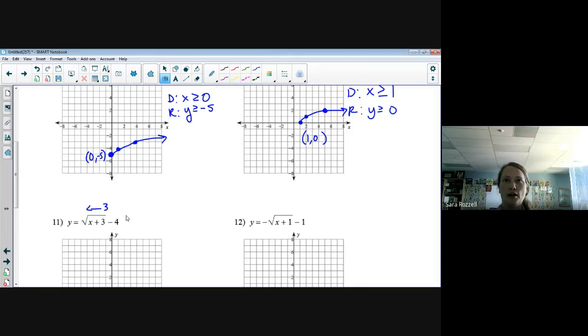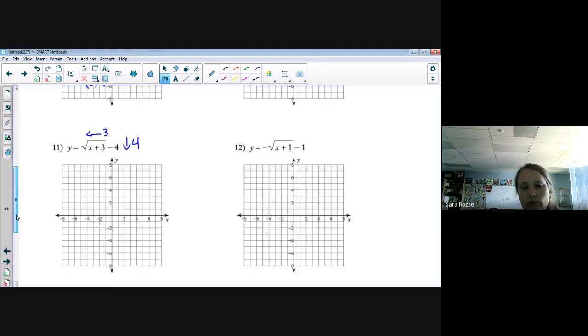And outside numbers are up and down. So it means I'm going to do what? Down 4. So left 3, down 4. Do our same pattern. Up 1 over 1, up 2 over 4.